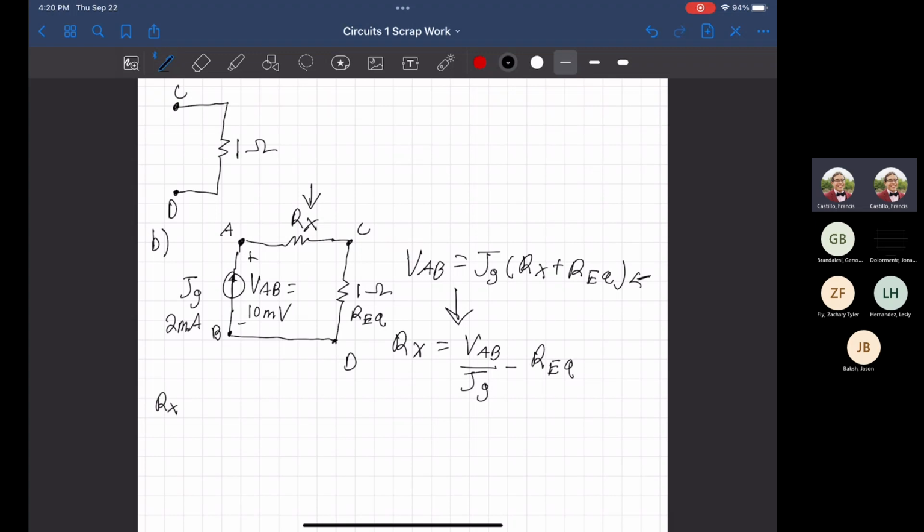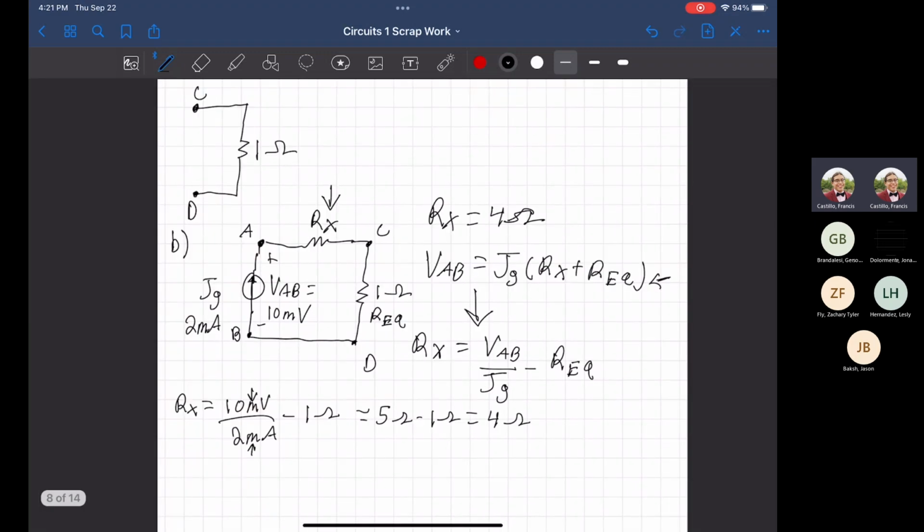So we know Rx is going to be equal to 10 millivolts over 2 milliamps minus our 1 ohm, which is going to be equal to 10 over 2 units. The real unit ratio is just the millis, but that doesn't matter since they'll be canceling out. So it's going to be 10 over 2, so it's going to be 5 ohms minus 1 ohm, 4 ohms. Now we know Rx is equal to 4 ohms.